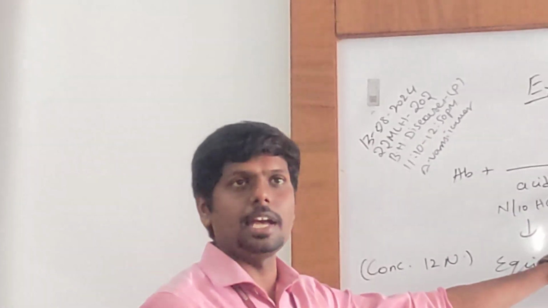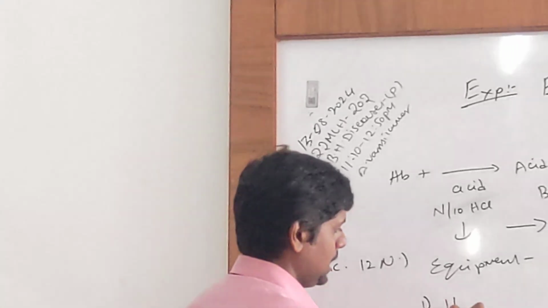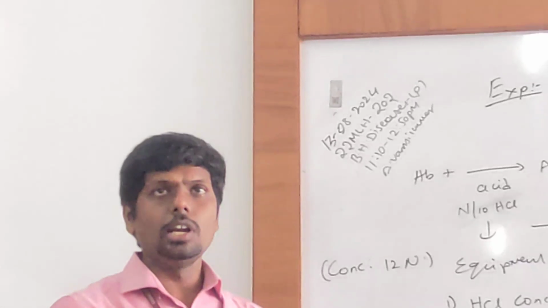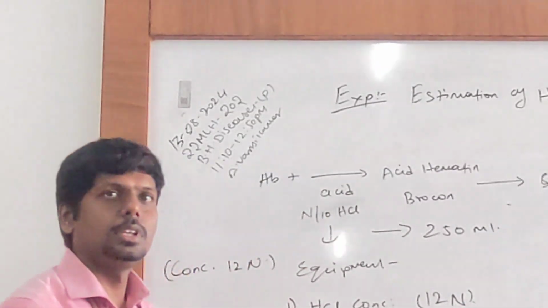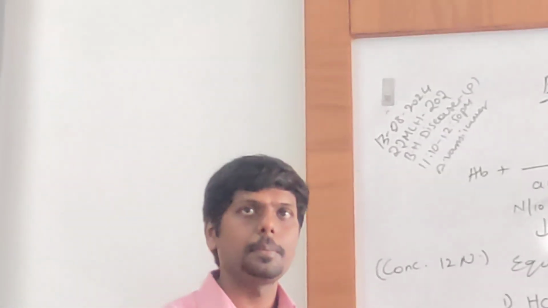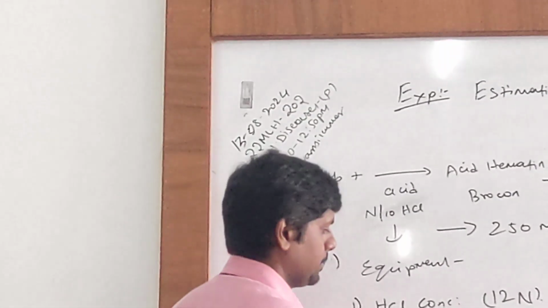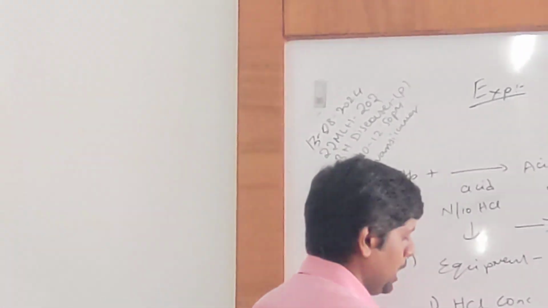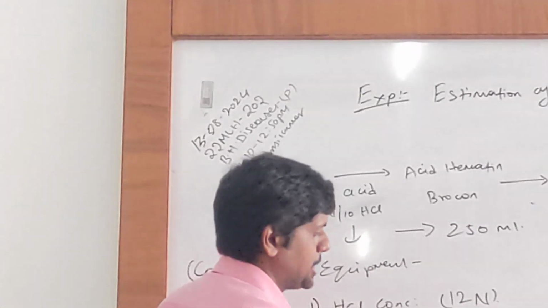So now we are preparing N by 10 HCl. The apparatus we need include the reagent, concentrated HCl. Concentrated HCl normality is 12 N. Okay, 12 normal. Then we also need distilled water. Then we need a volumetric flask or measuring cylinder.